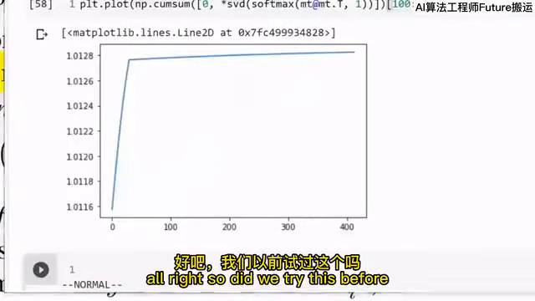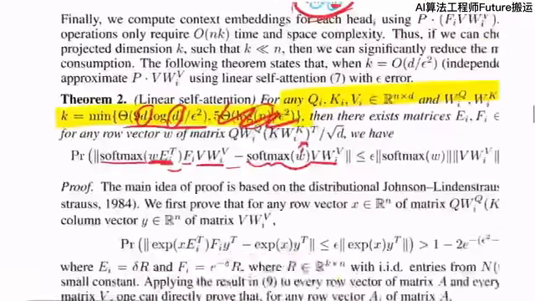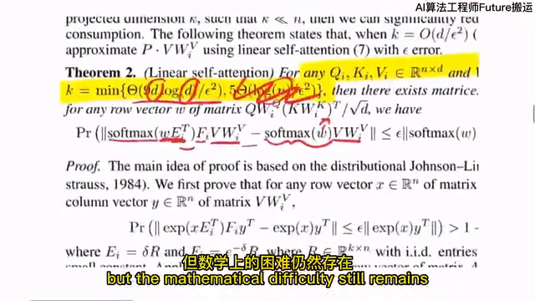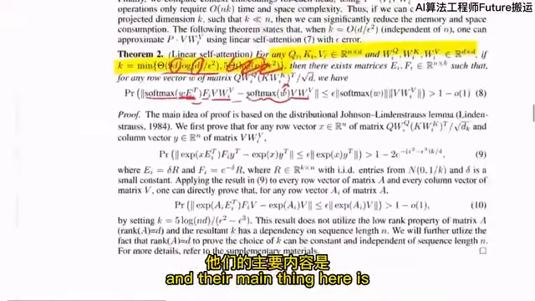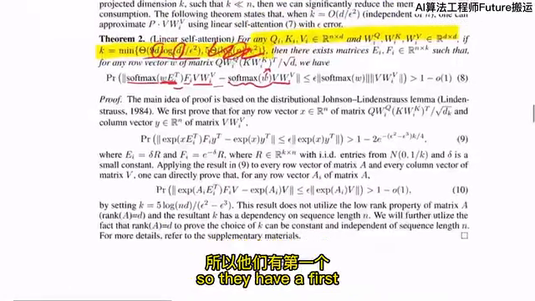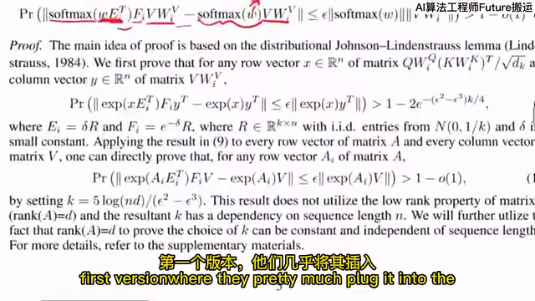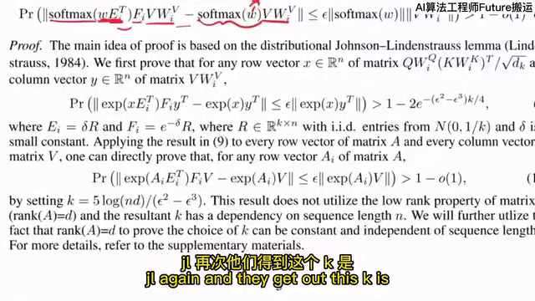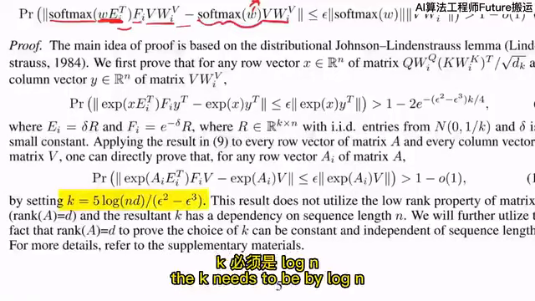All right, so did we try this before? Maybe we did. Okay, but the mathematical difficulty still remains, and their main thing here is, so they have a first version where they pretty much plug it into the JL again, and they get out this K needs to be by log n.